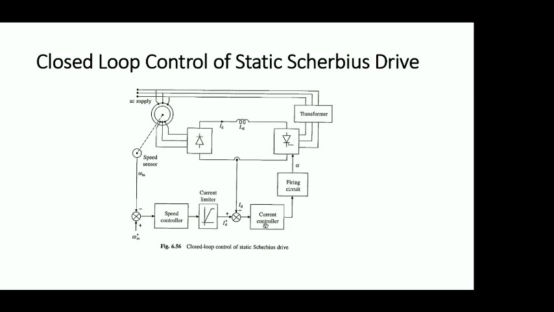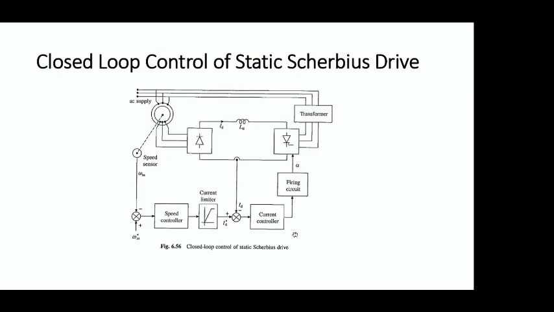This error signal will be given to the current controller, and this current controller will also process it, the same as PI, PID, whatever controller you are using. It depends upon the characteristic of the output you need. The current controller will give the output to the firing circuit.